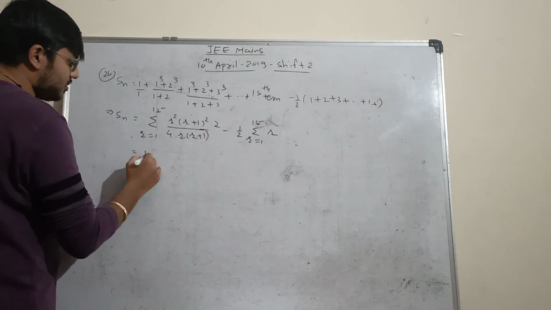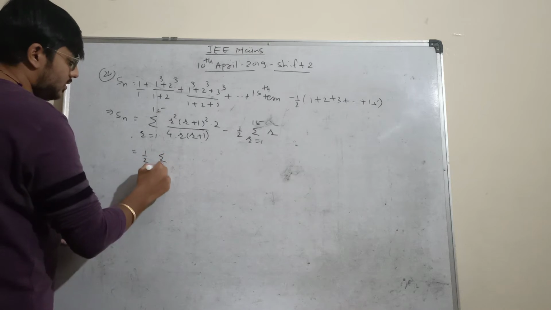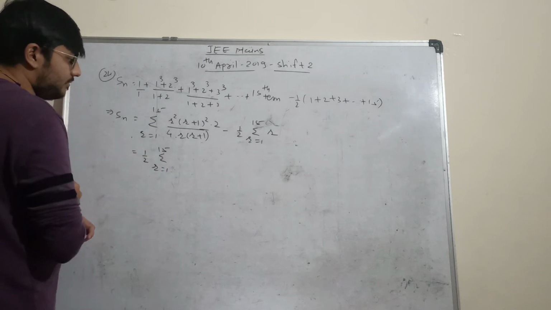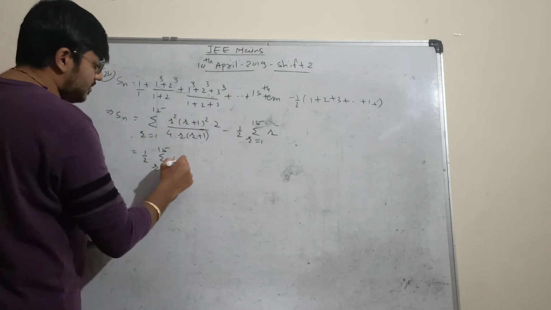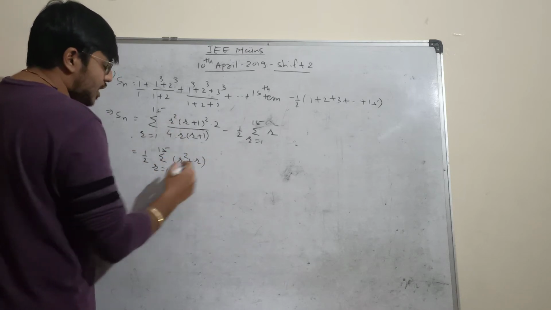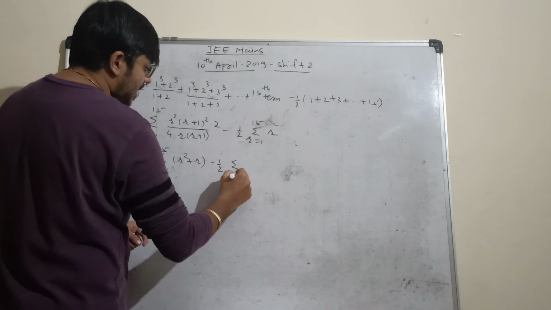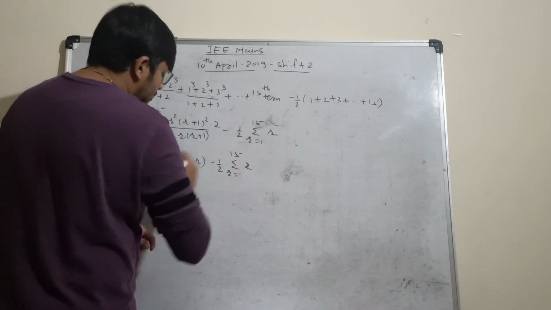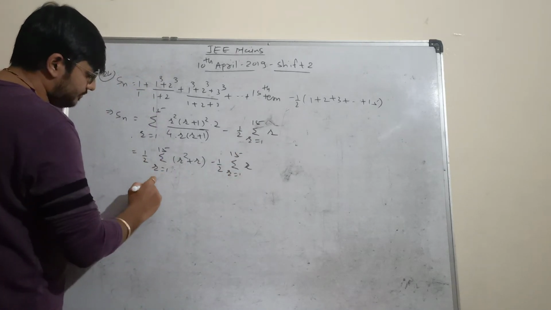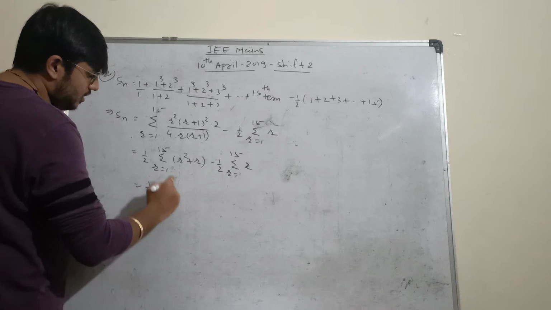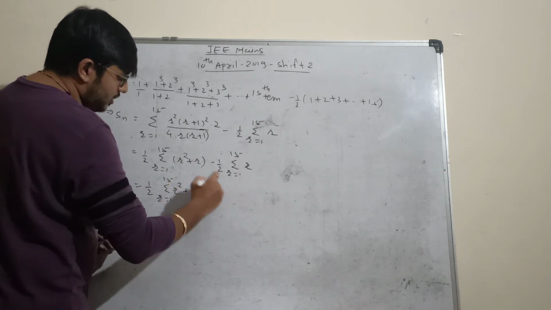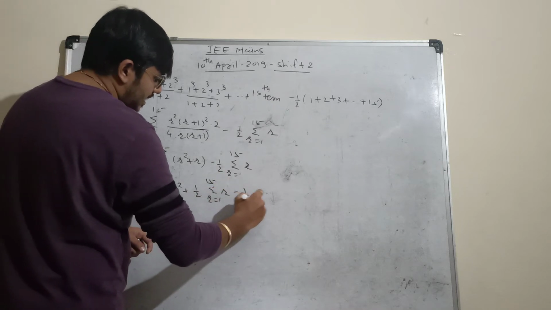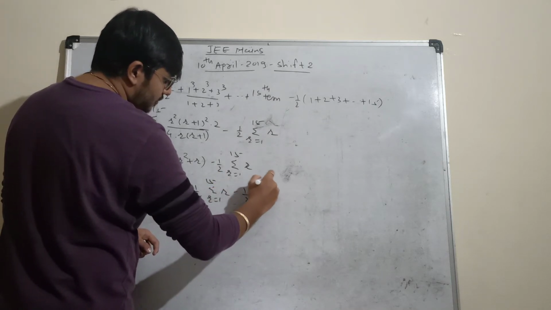So 2 by 4, which is 1 by 2, summation r equals 1 to 15, r plus 1 can be cancelled, so r into r, which is r square plus r, minus half summation r equals 1 to 15 of r. So if you just check, half summation r equals 1 to 15 r square plus half summation r equals 1 to 15 r, and minus half summation r equals 1 to 15 r.